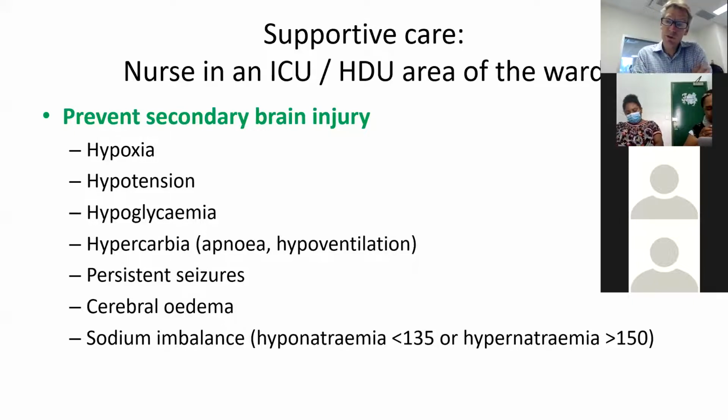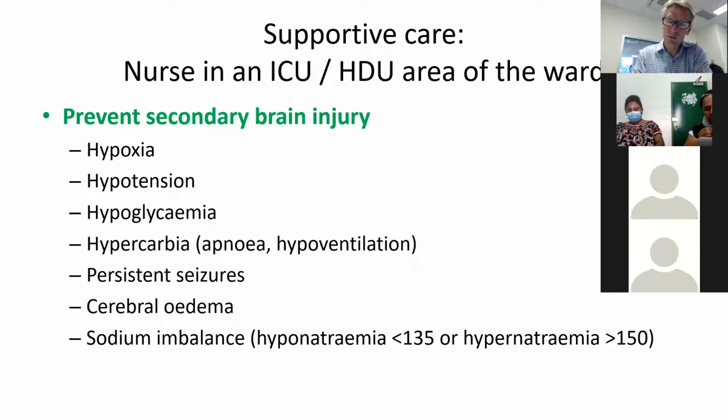Now, of course, for most children who have epilepsy, if they have a seizure, that doesn't cause a brain injury. They'll get over that and come back to normal. But if a child's got an underlying cause of seizures, like meningitis or encephalitis, then if they have persistent seizures, they can have a worsening secondary brain injury.